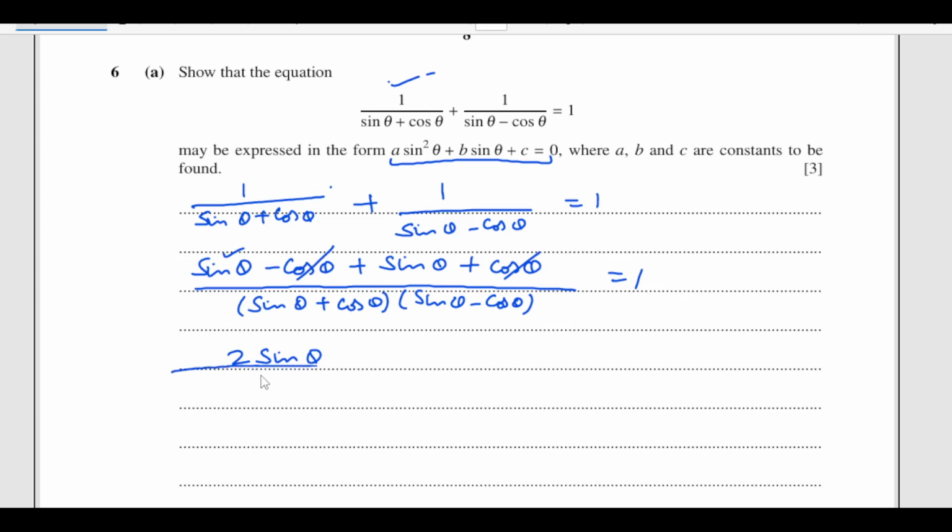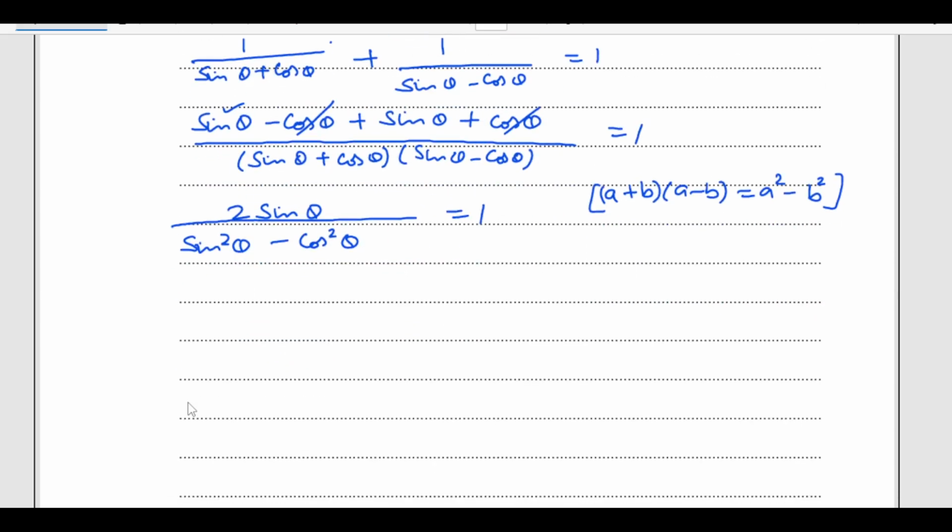Down here we are left with the product, and we have the formula a plus b times a minus b equals a squared minus b squared. Using this we will have sine squared theta minus cos squared theta equals 1.